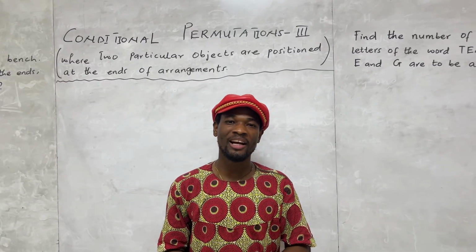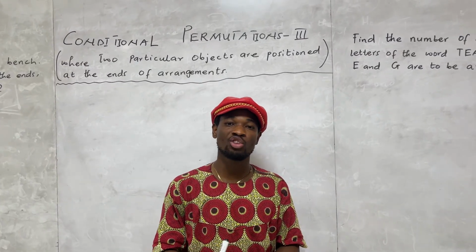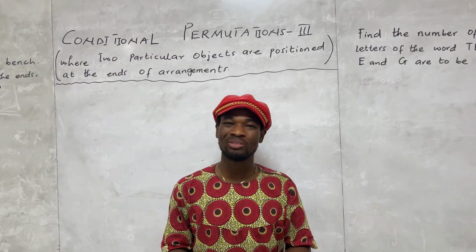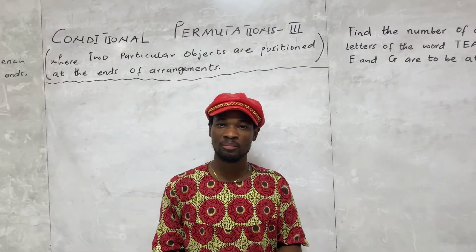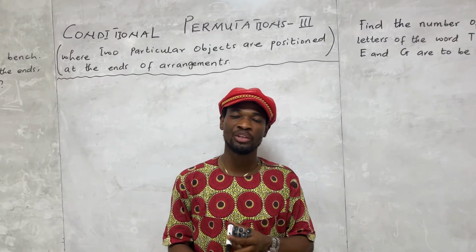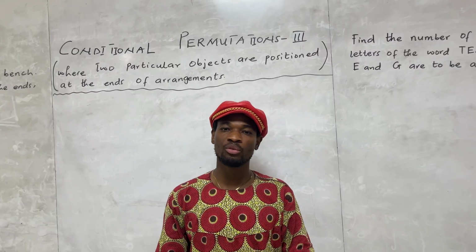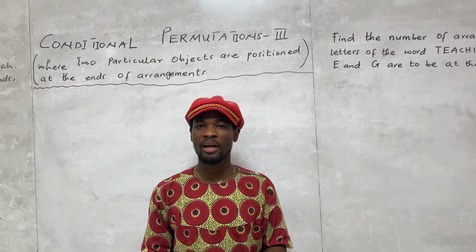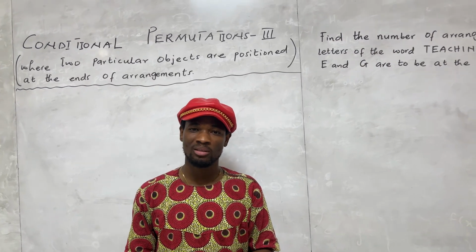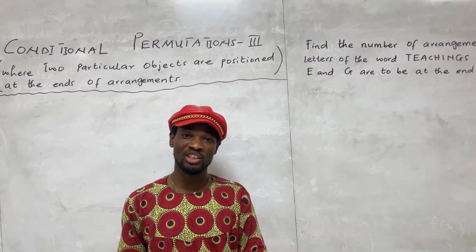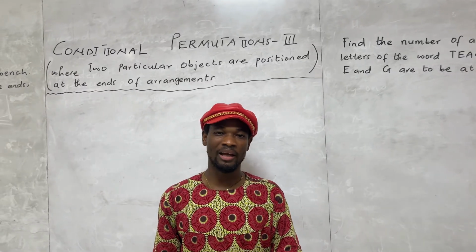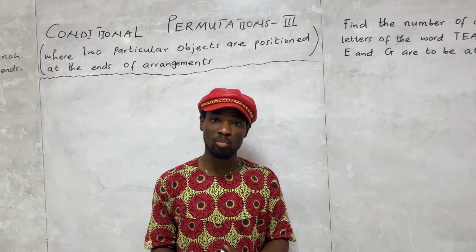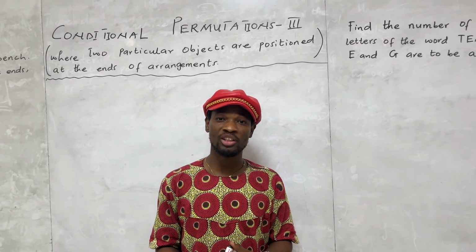If you are new here, kindly visit my previous lecture videos on permutations, where we spoke about the algebra of permutations, the properties of permutations, permutations with repetitions or restrictions, and permutations without restrictions or repetitions. We also talked about word problems on permutations, and we covered extensively conditional permutations, in other words, permutations with conditions.